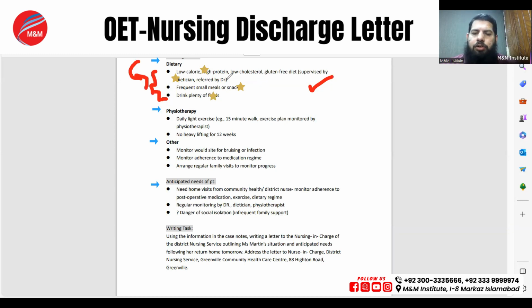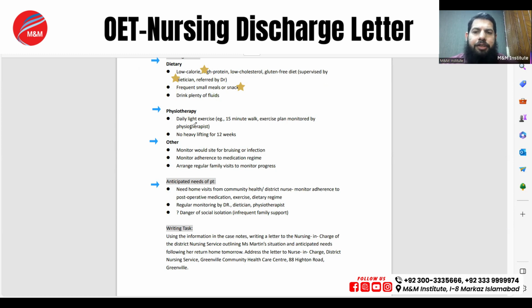We'll see the case notes and then make up our mind. But to understand the dietary guidelines, we will have an idea that this is the job responsibility of the nursing in charge. Post discharge, she has to ensure she contacts the dietitian so that the dietitian can plan the diet according to the given instruction of low calorie, high protein, lactose-free or gluten-free diet.